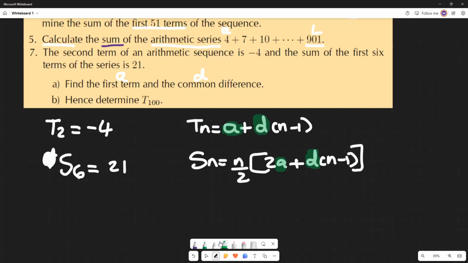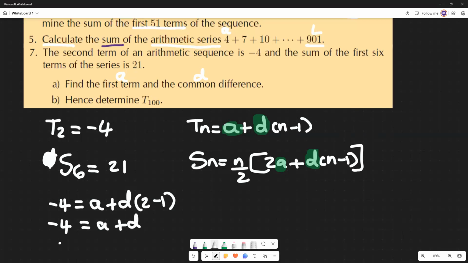I know that Tn is -4. So -4 equals a plus d times n minus 1, where n is 2. So -4 equals a plus d. You can see that -4 minus d equals a. I just took the d that side. I'll call it equation 1.